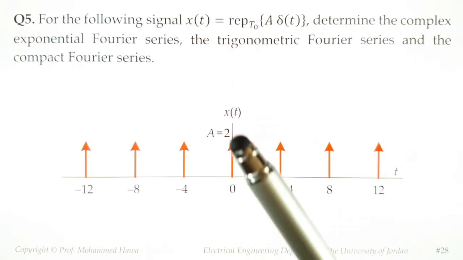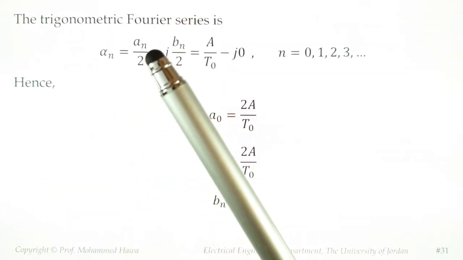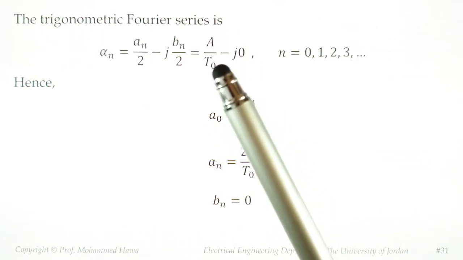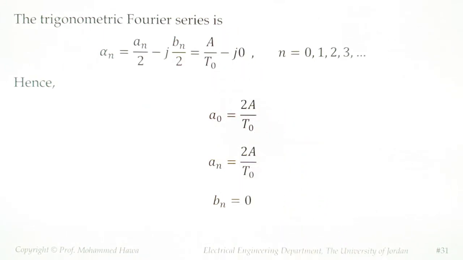Please remember that the impulse, as you can see here, located at 0, is considered an even function, even though the width of that function is, strictly speaking, 0 seconds. On the other hand, a n's are 2 multiplied by a over T naught, 2a over T naught, as you can see here. This includes a0 as well.